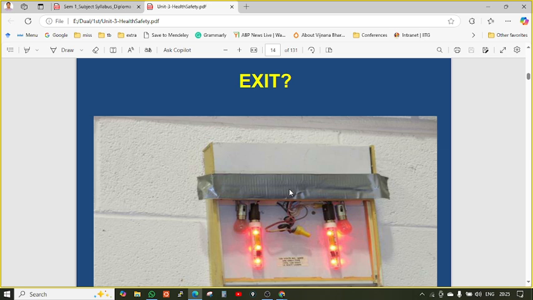In a cinema hall it is dark inside, but the exit sign is always on, in red, so whatever the crowd, people can easily find the way out. If sudden things happen, an exit is very much necessary.